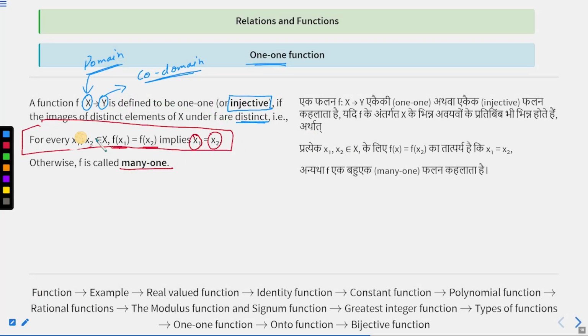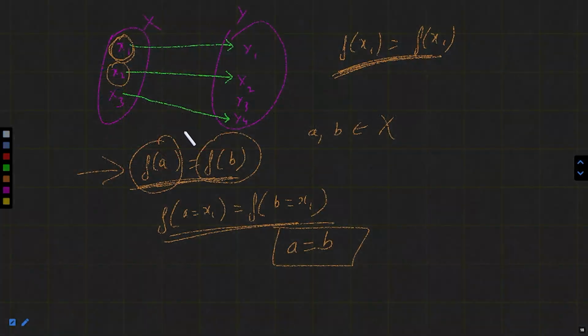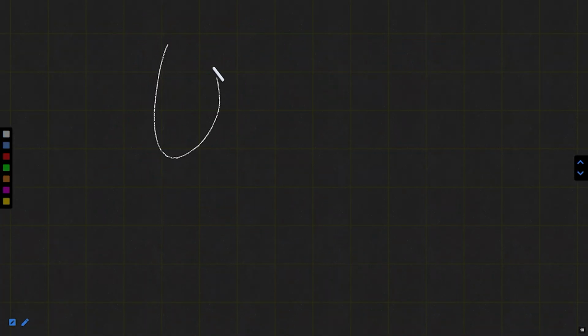If the outputs are equal to each other and we arrive at the condition that x1 is equal to x2, then we can say that it is my injective function. So from the pictorial representation, my one-one function will look like this.